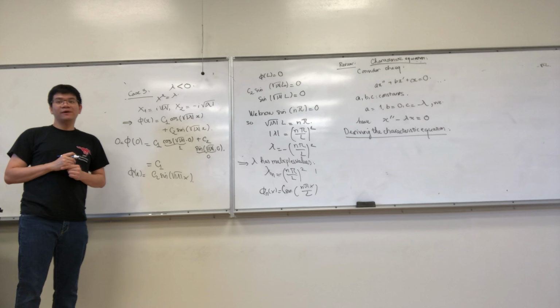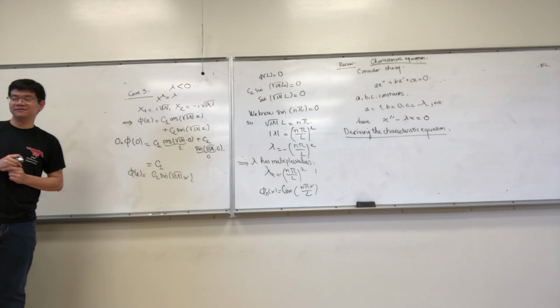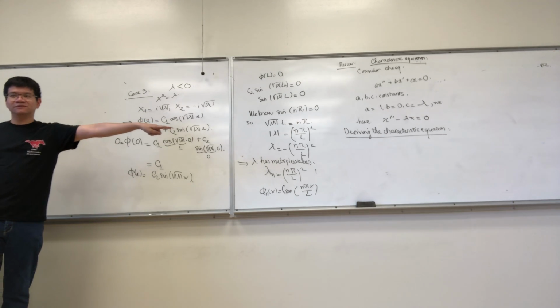So how can I derive the characteristic equation? I gave you a hint in the beginning of the class. R squared minus lambda, no, this is the characteristic equation, but how can I arrive at that equation?